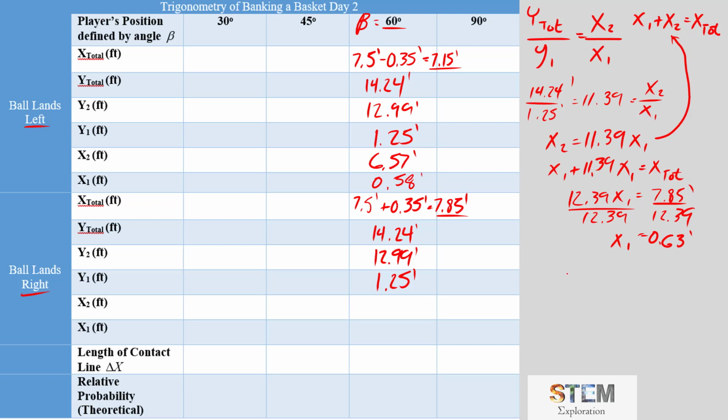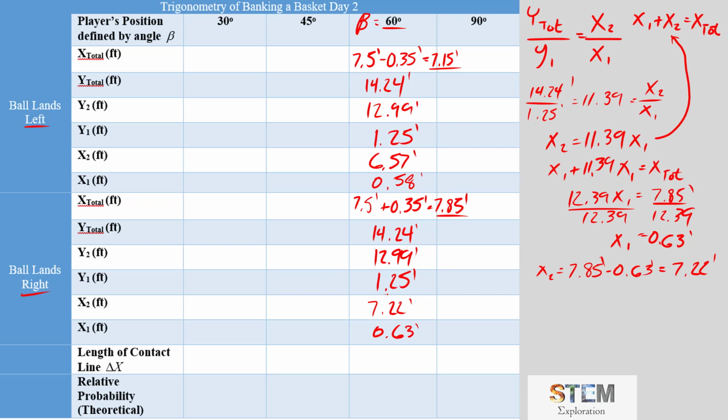And now if we subtract 0.63 from 7.85, x2 should equal 7.22 feet. So we have 7.22 feet, and we have 0.63 feet.